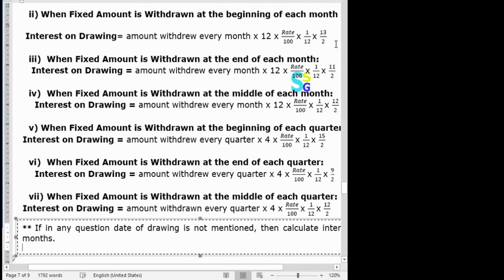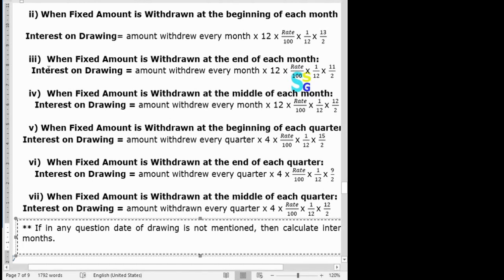Simply by using that concept I have told: the time span, for how many months you have to pay the interest on the first amount withdrawn, plus how many months you have to pay the interest on the last amount withdrawn, divided by 2. This is the very simple thing.